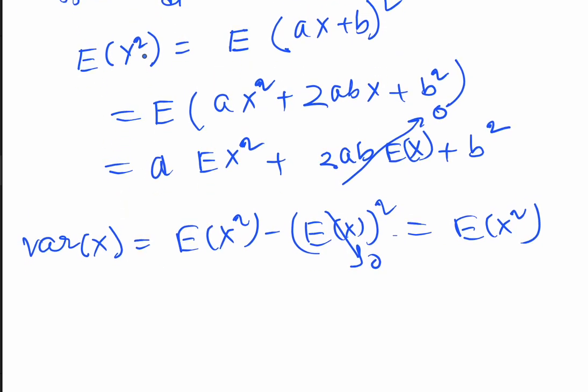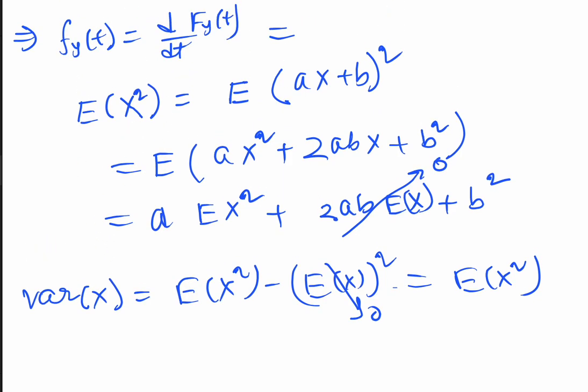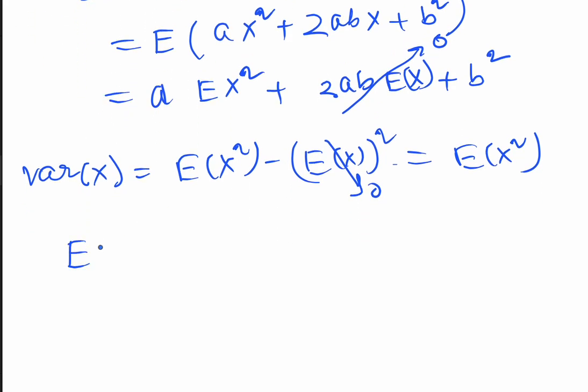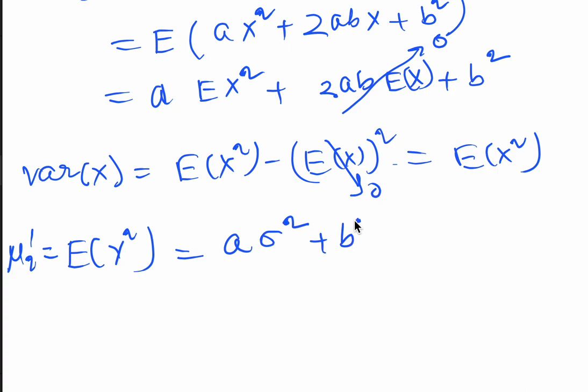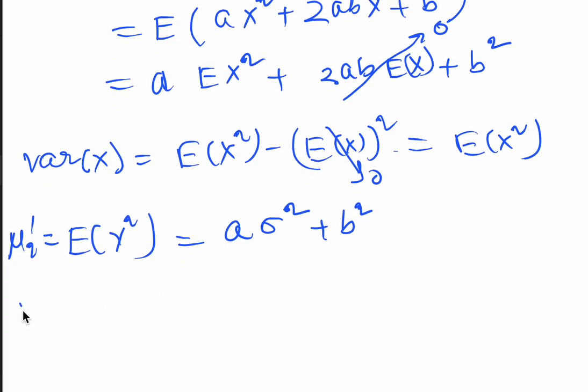So expectation of y square, that is mu 2 prime, is a square times the variance of x plus b square. Suppose the variance of x is sigma square.